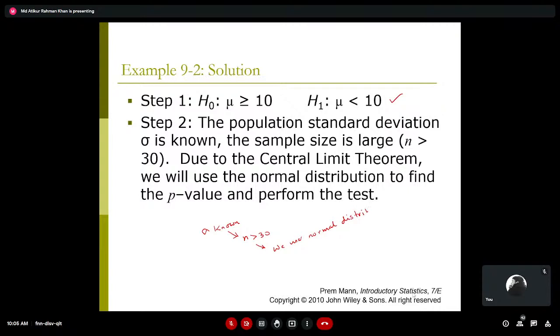We use normal distribution. But normal distribution for what? Normal distribution for x bar. Keep in mind. Then we can calculate the Z statistic, right?